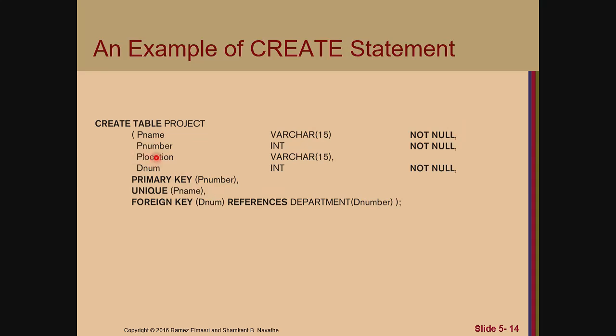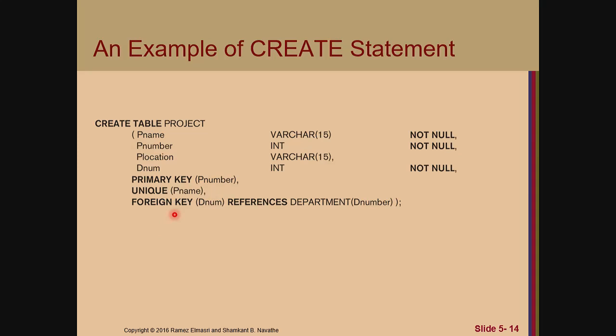And this one, P number, integer, not null, because this one will be the primary key. And P location can be null. D number, not null, integer. And here the primary key, we set P number as the primary key. And unique P name, so you cannot duplicate the name of the project.